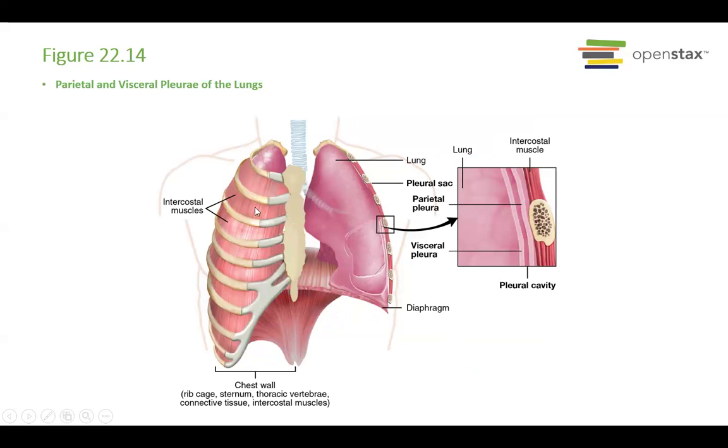You have intercostal muscles. These are the muscles we learned in the lab. They aid in respiration because of a very important law known as Boyle's law. Boyle's law says that at constant temperature, like physiological homeostatic temperature, the relationship between volume and pressure is always inverse.